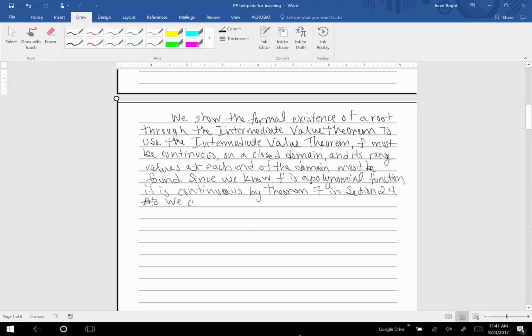We consider the domain of f to be 1 to 2 inclusive on both ends, and oh, that just deleted. That's okay. Everything's deleting.